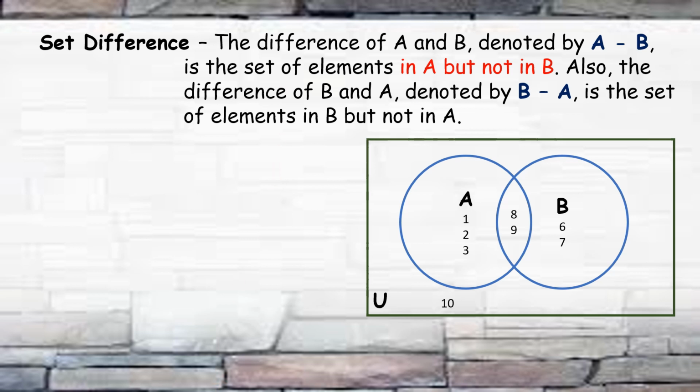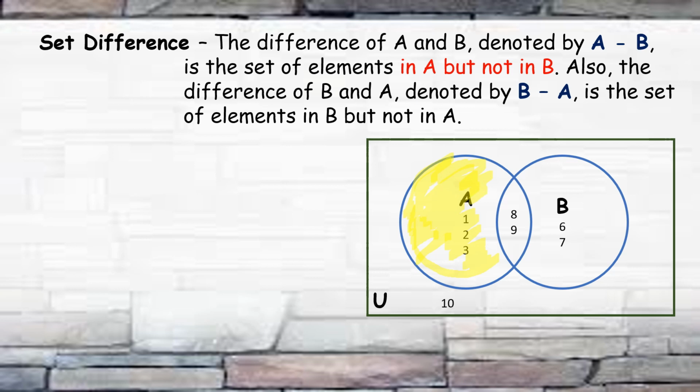Let's have the first one. So, sabi, nasa A, the A minus B. Nasa A, pero wala sa B. So, eto yon. Etong part yon. Eto lang siya. Okay? Why we do not include this part? Kasi, included siya sa B eh.